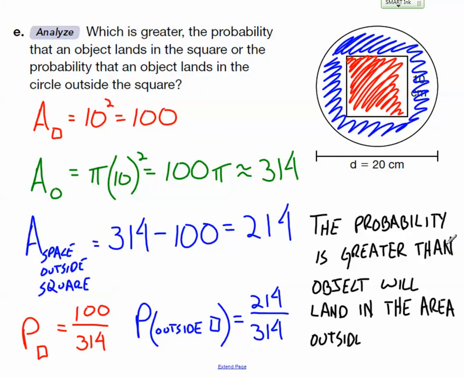Probability is greater. This should say that the object will land in the area outside the square.